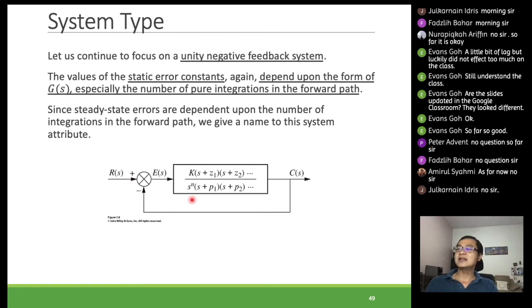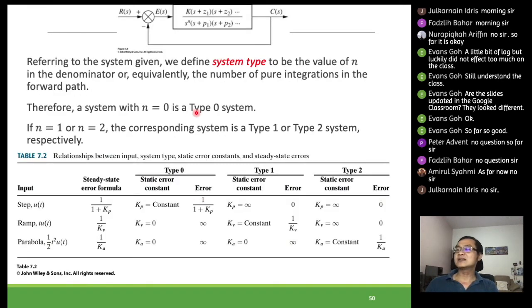We give the name according to the number of integrators. If when n equals 1, then we will call that system type 1. When n equals 2, then we say that is system type 2, and so on, right? So we are giving the numbering for it. When n is equal to 0, we will say that would be a type 0 system.